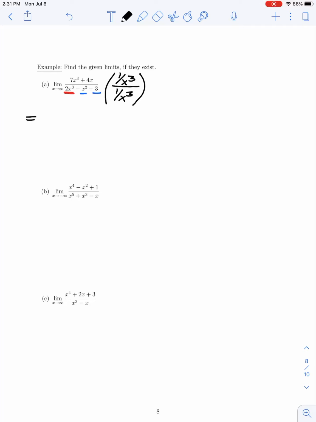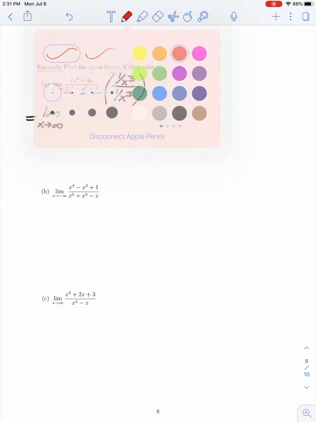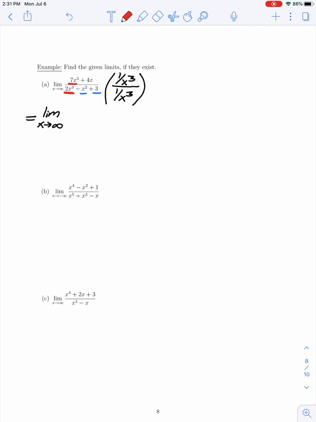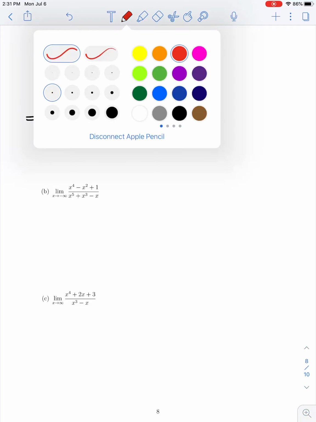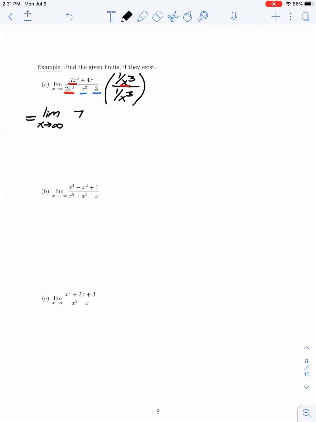Now let's see what that buys us. We have the limit as x approaches infinity of, well, let's look in our numerator. We had a 7x cubed, and then we're dividing by x cubed. So that leaves us with just a 7.